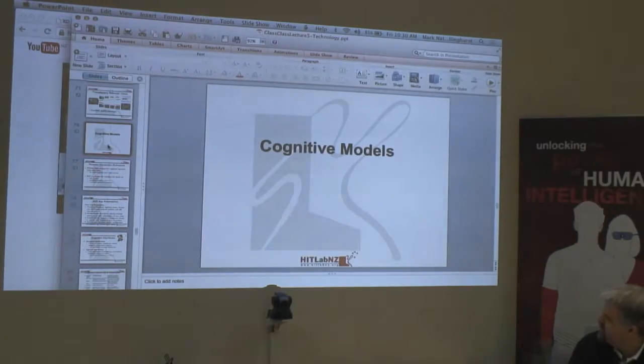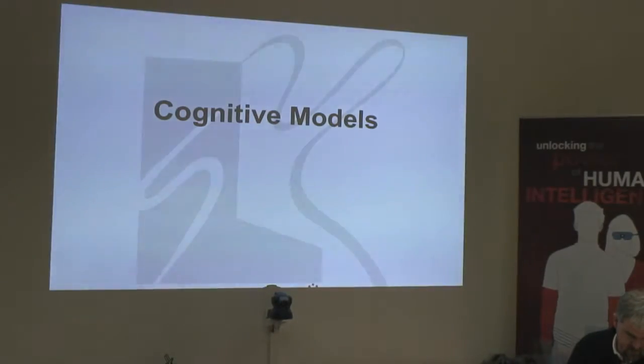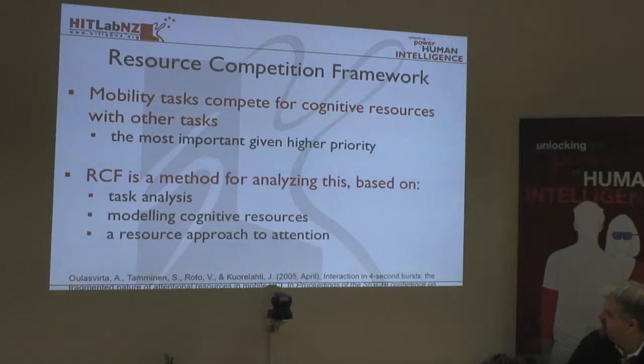So I wanted to speak a little bit now about cognitive models for wearable interfaces. When you are moving around in the real world, people try to split their attention.